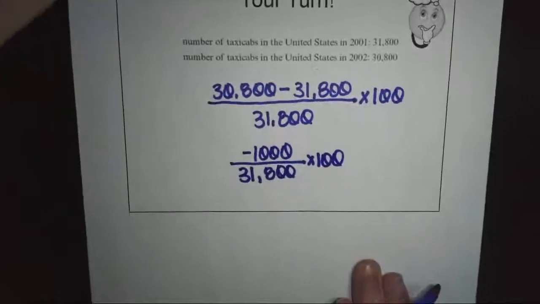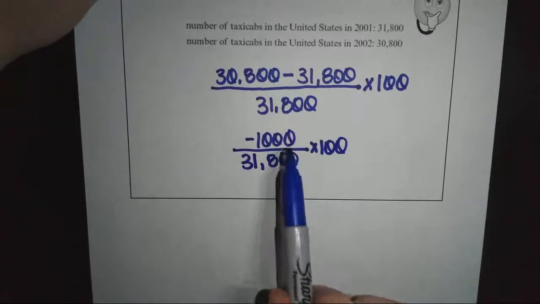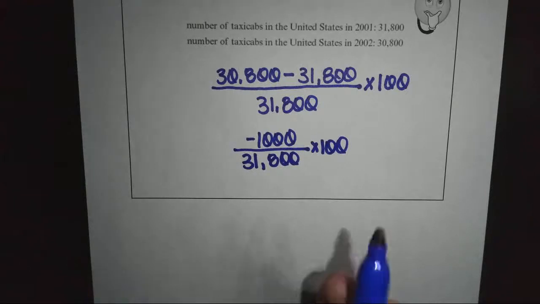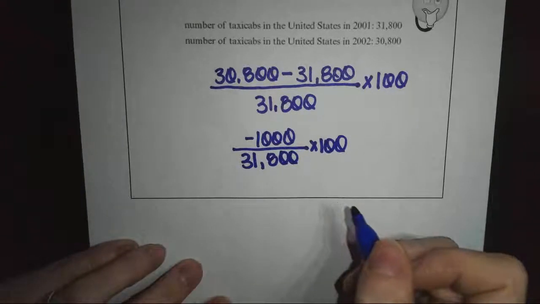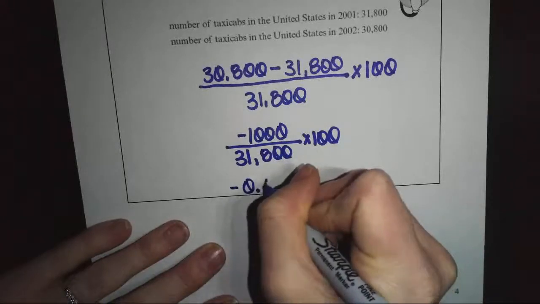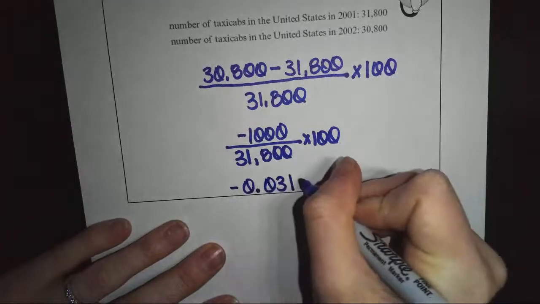Now we'll multiply and divide from left to right. So negative 1,000 divided by 31,800 comes out to negative 0.031.